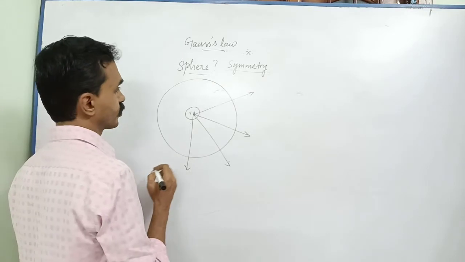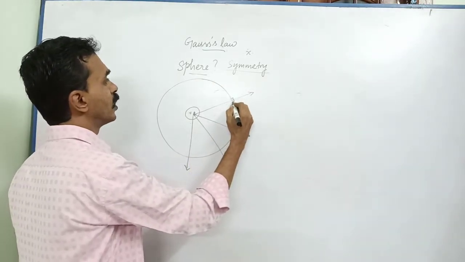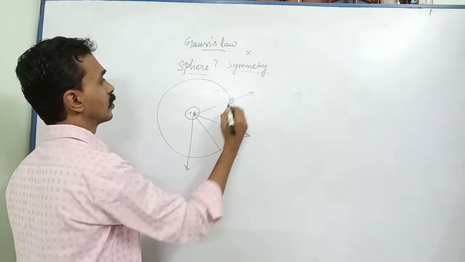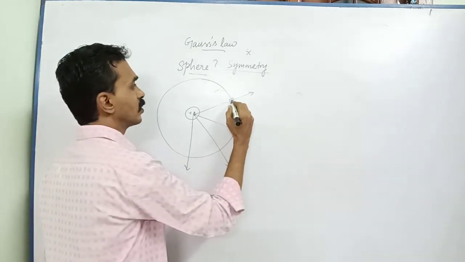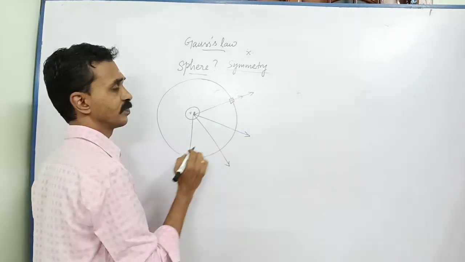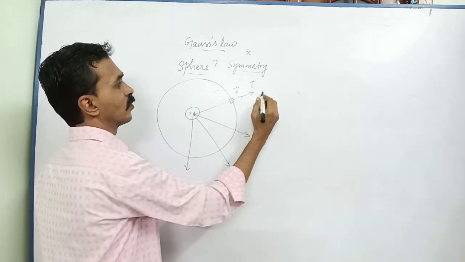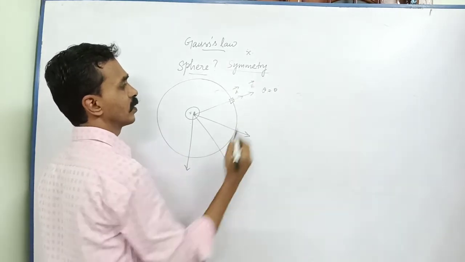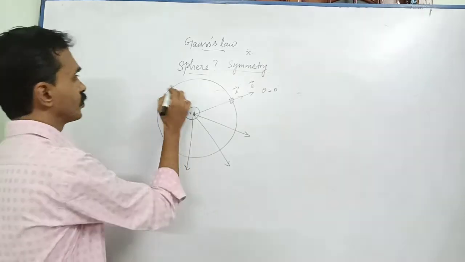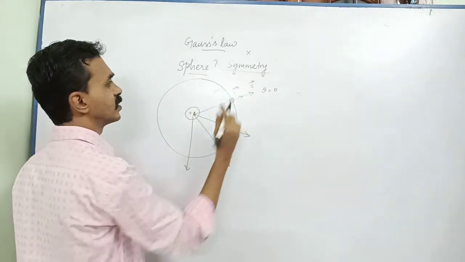Now, suppose you consider a very small area here, and the area vector is acting along this direction. This is the area vector, and this is the direction of the electric field. What is the angle between them? 0 degree. Suppose this is a very small area, I can consider it as the ds vector also.